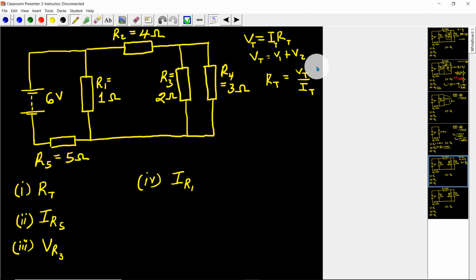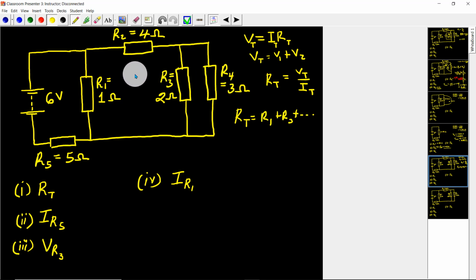So we abandoned this method and we went to the second method, which requires us to combine the various resistors that we have in the circuit. We could not use directly this method, RT is equal to R1 plus R2 plus R3, the equation for series connection of resistors, directly for the whole circuit.